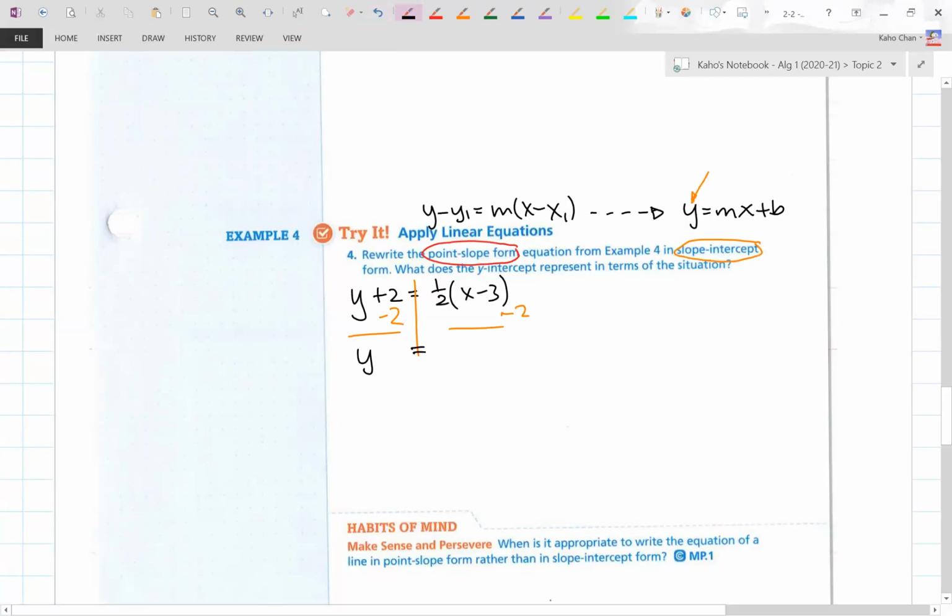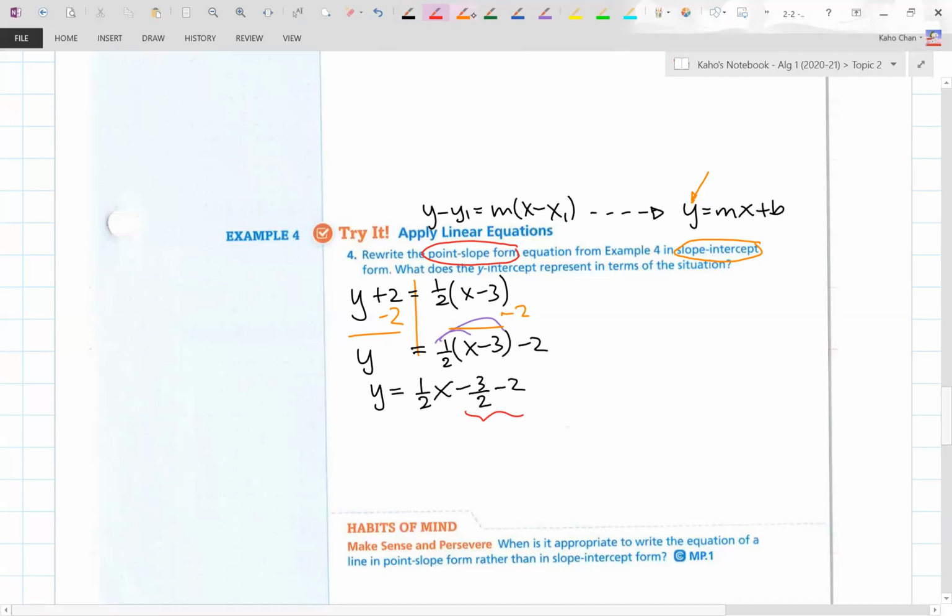And then what we'll have is a situation where we need to distribute, simplify, and clean it up. Distribute that 1/2. And you notice that we need to combine some numbers that are stubborn, fractions.